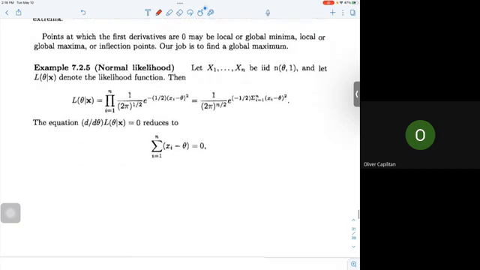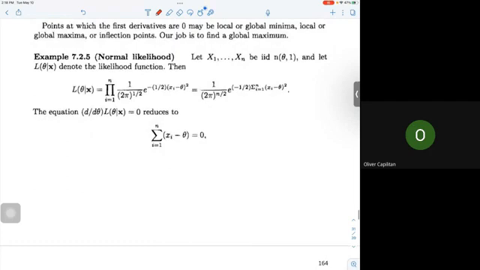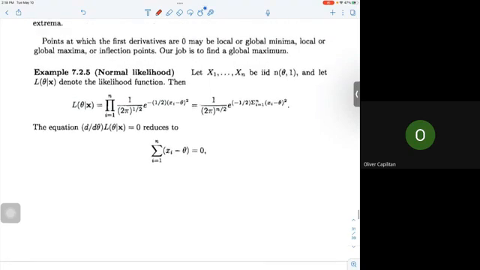Say, let's have an example here. The normal likelihood. Let x sub 1 up to x sub n be IID, normally distributed with mean theta and variance equal to 1. And then we have the likelihood function here, L of theta. So in this case, theta here refers only to the parameter theta, which is the mean of our distribution.